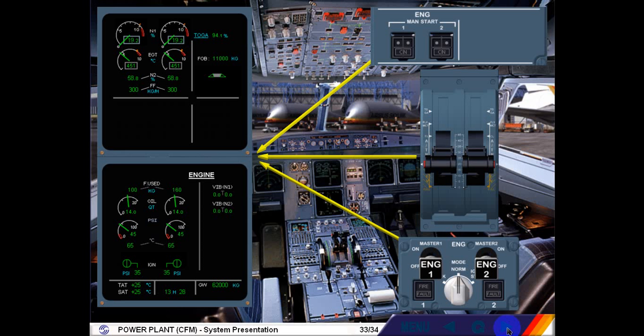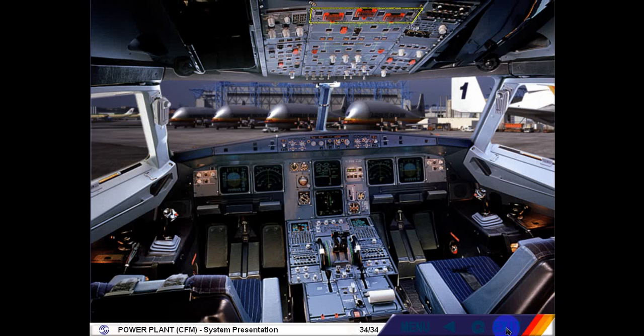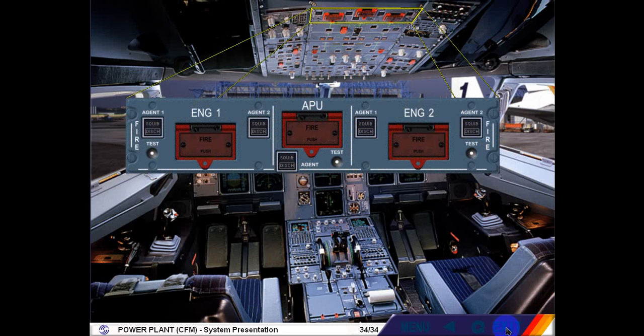Engine controls and parameter indications are displayed on the engine warning display and system display ECAM pages. The engines are also equipped with a fire protection system. You will see the complete operation of this system in the fire protection chapter.